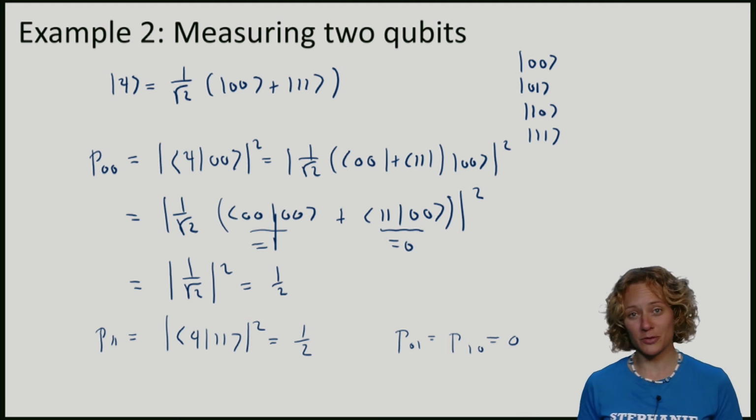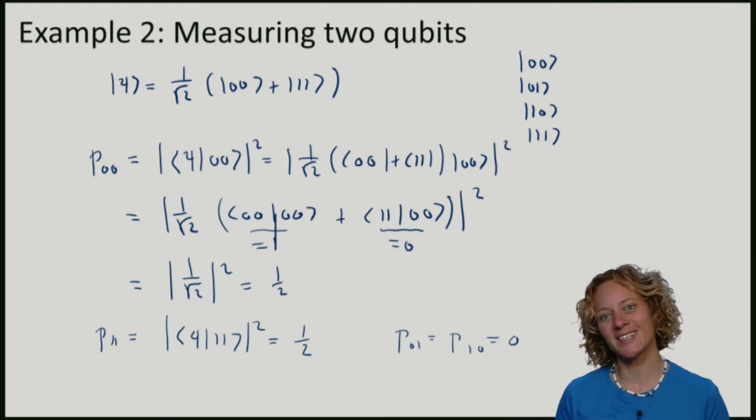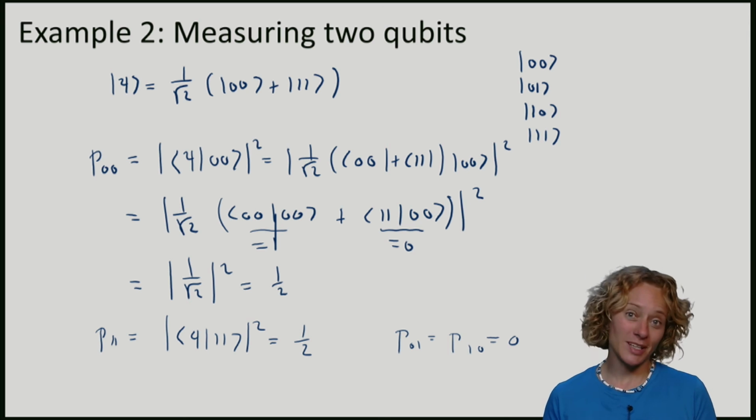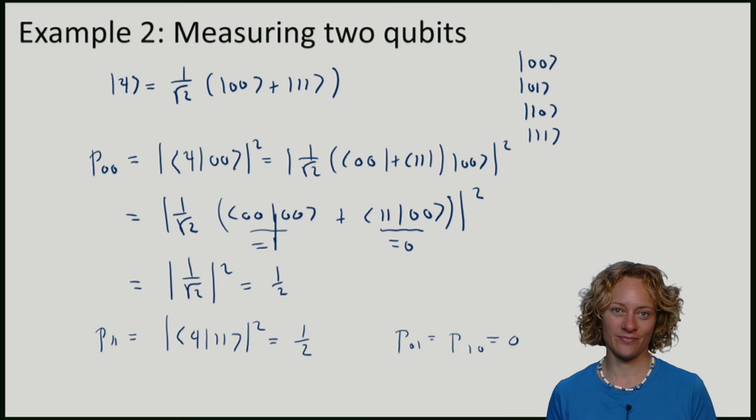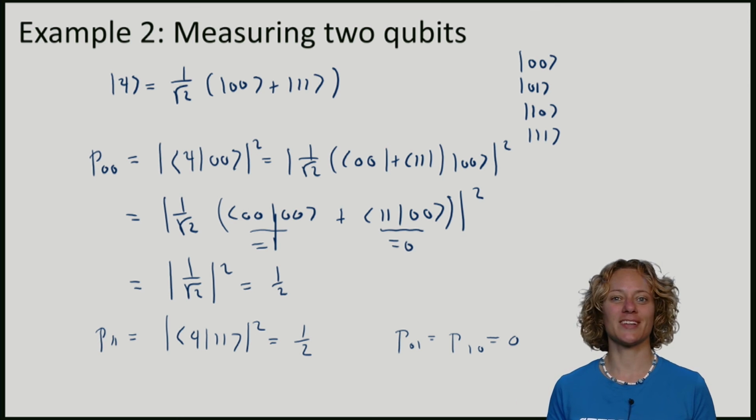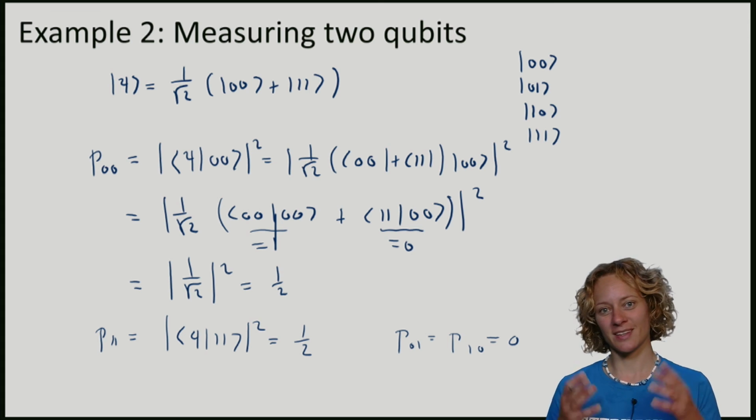So even though we can see this from the rule that probabilities add up to 1, you should do an independent calculation to convince yourself that this is really true. So we've seen now some more examples of measuring qubits in a basis.